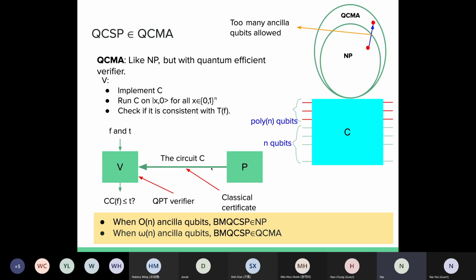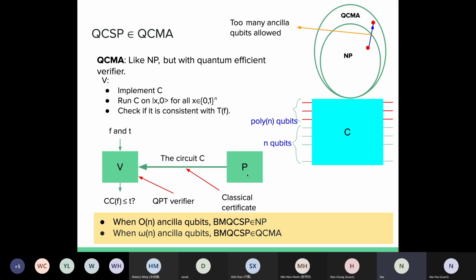So in this case, P gives V the quantum circuit, then V doesn't try to transform the circuit into a big unitary. It just runs the quantum circuit on all the computational inputs X. So he runs C on all X and 0 on epsilon, and then checks if it is consistent with the Boolean function.